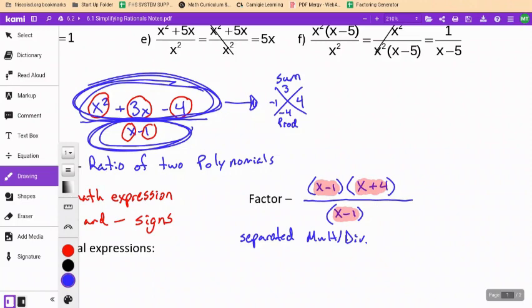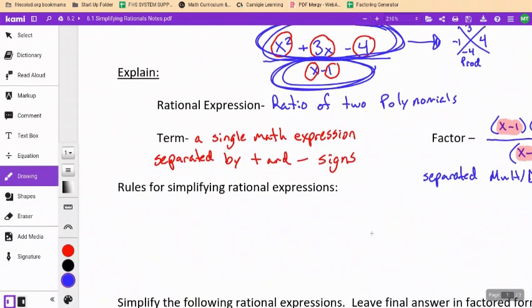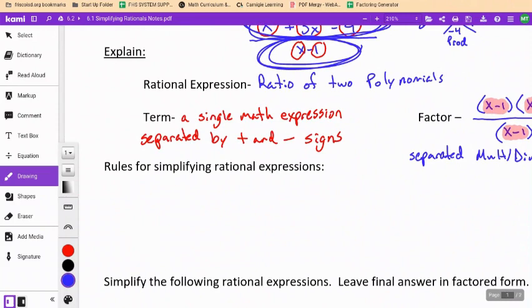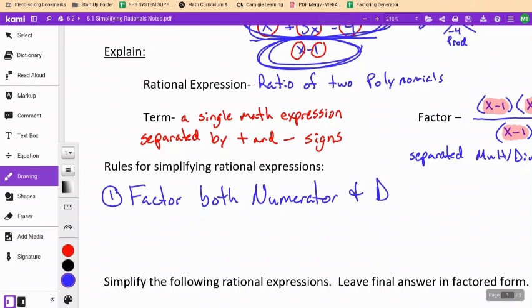All right, so rules for simplifying a rational expression. First, we need to factor both the numerator and denominator.